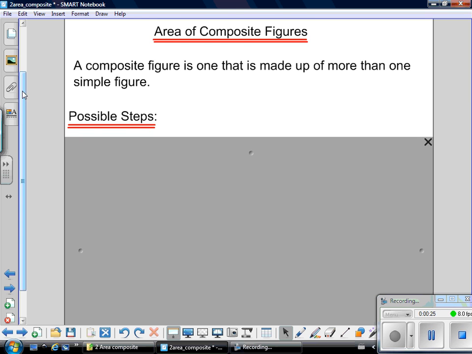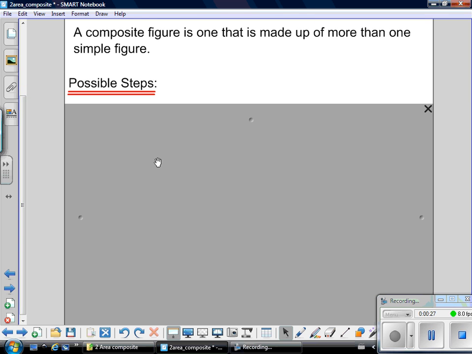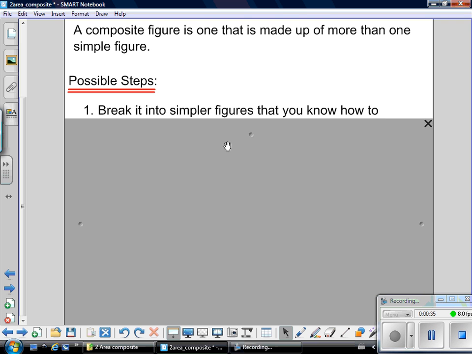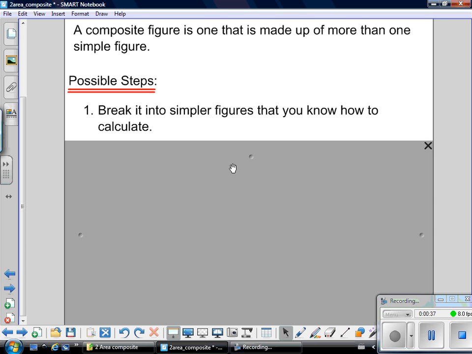Now, the following are possible steps. Again, it depends on what the composite figure is made of, whether these steps work exactly as 1, 2, 3, 4, 5. First of all, make sure that you break the figure into simpler figures, ones that you know how to calculate.